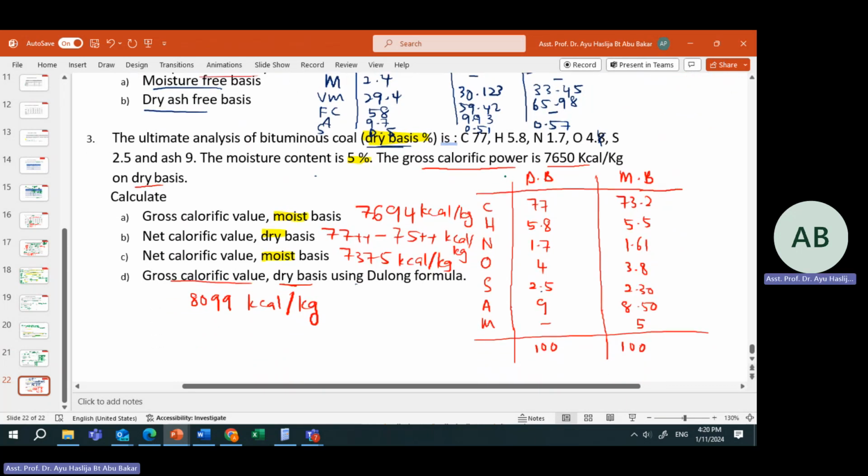Okay, arrange all the elements. The given one is dry basis, so arrange in dry basis. The total must be 100%. Dry basis means excluding the moisture.